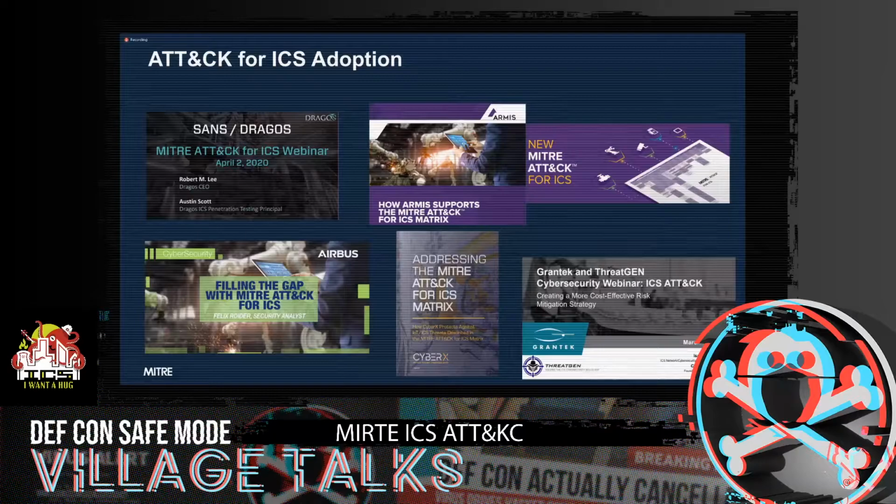Since its release, we've gotten a lot of adoption, a lot of attention. Some of the security vendors here have released blog posts and presentations showing how they use Attack for ICS and how they envision their customers using it. Also, asset owners and operators are looking at how they can use it to fill gaps and to understand their environments a little bit better.